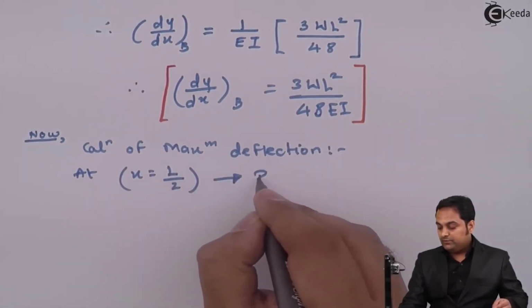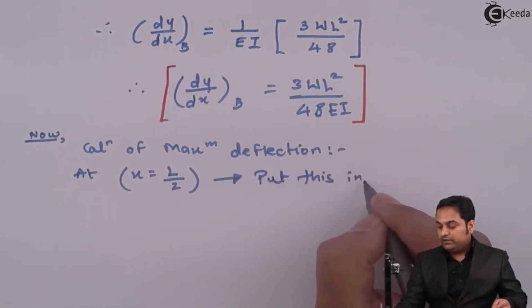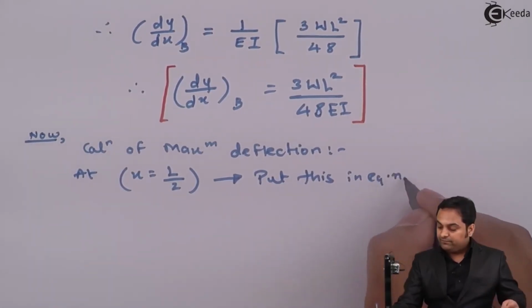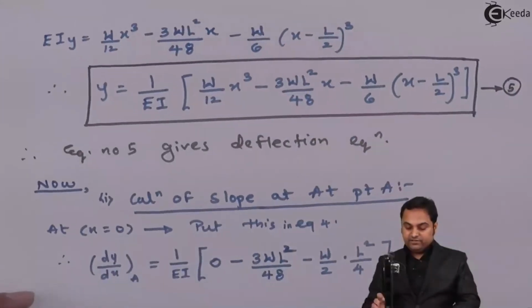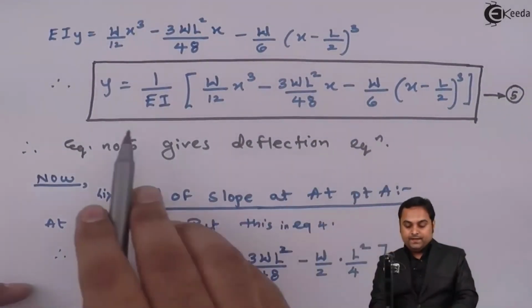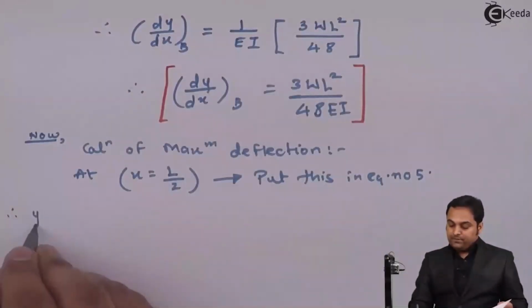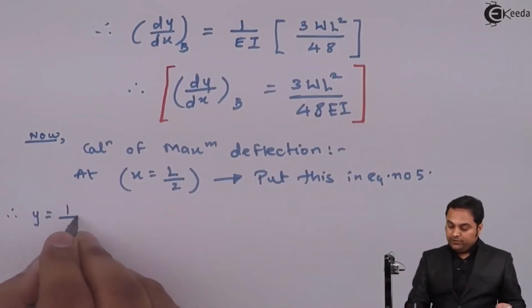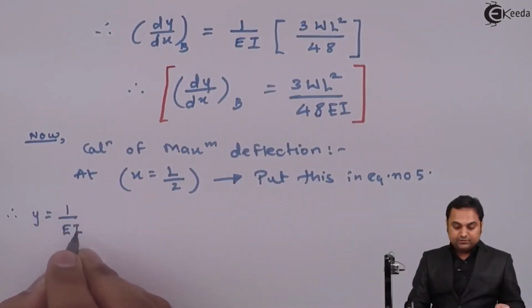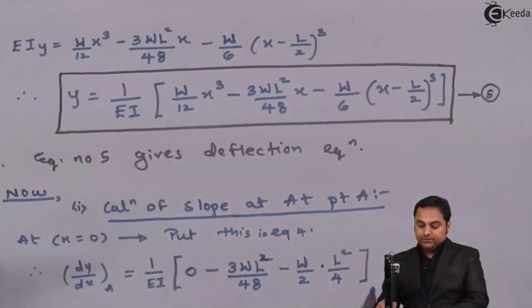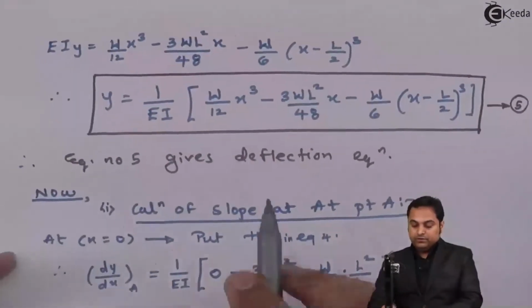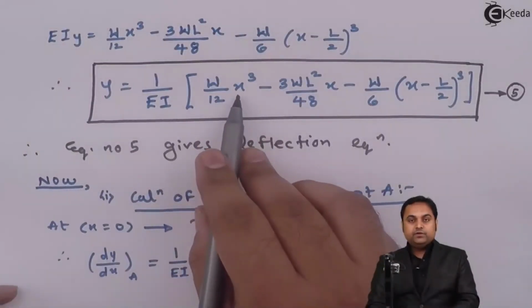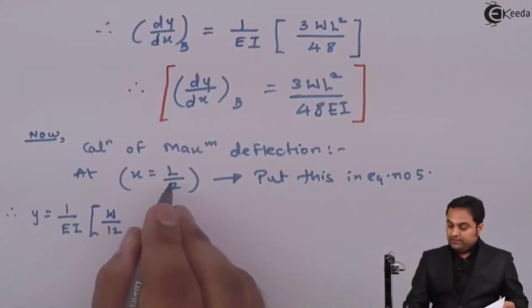Now put this value in equation number 5. So your equation 5 gives us the deflection equation. I'll write down y is equal to 1 upon EI will remain as it is because it is constant. Next, w by 12. Now x cube, here x will be replaced by L by 2.